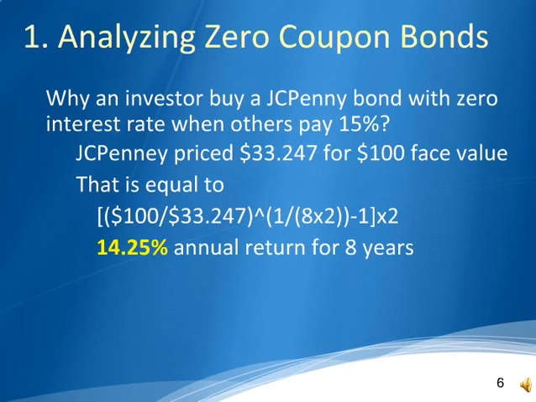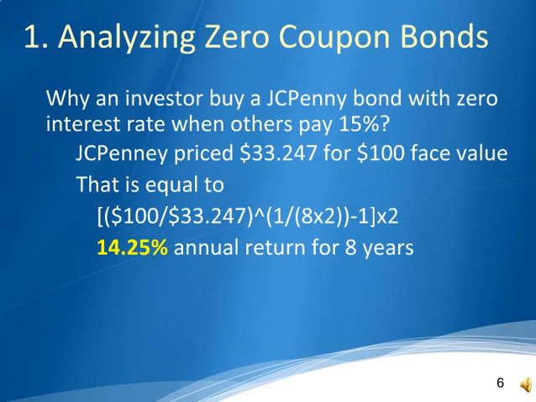Let's discuss what happens when an investor buys the JCPenney zero coupon bonds, while the same investor could put the same money in a different investment and get a 15% interest rate.